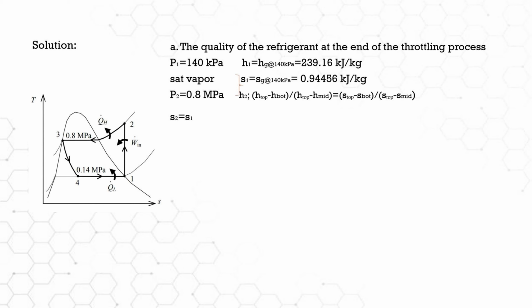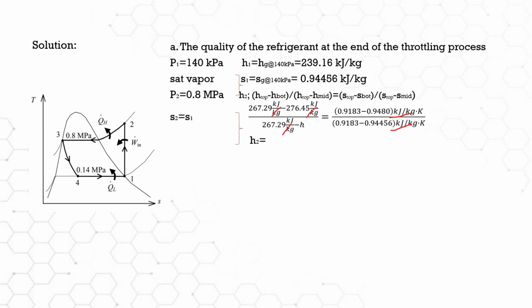Then plug in the values. We have 275.39 kilojoules per kilogram as our enthalpy at state 2.